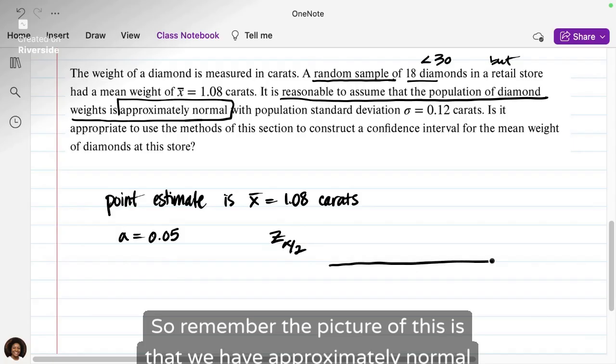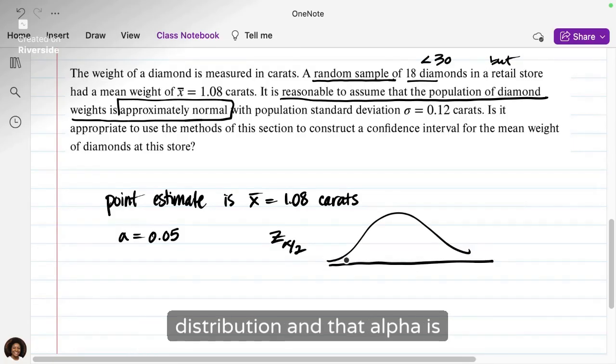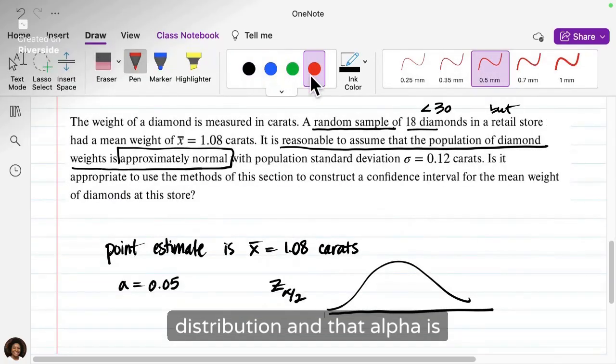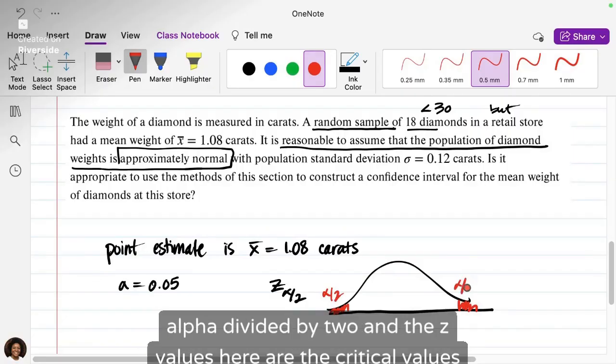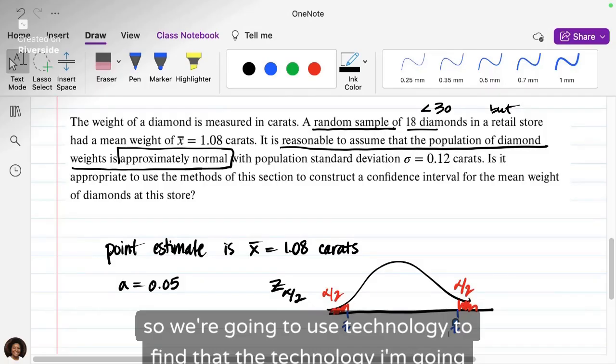So remember, the picture of this is that we have an approximately normal distribution, and that alpha is split evenly in the two tails. And so this is alpha divided by 2, this is alpha divided by 2. And the Z values here are the critical values. So we're going to use technology to find that.